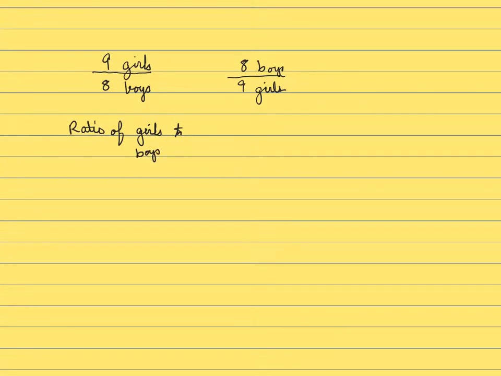Girls is on top. This one over here is the ratio of boys to girls, because girls is on the bottom. And I could write this out as 8 to 9, and for this one it could be 9 with the colon and 8. This is another way of writing the ratio. But don't get too worried about that. Everything's going to be in fractions, fortunately.